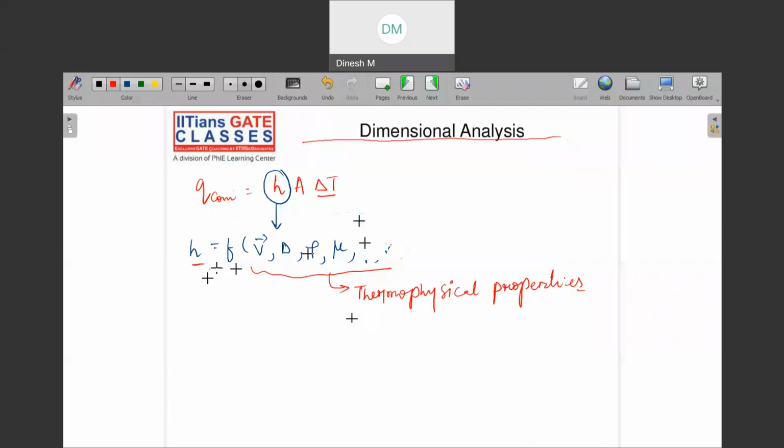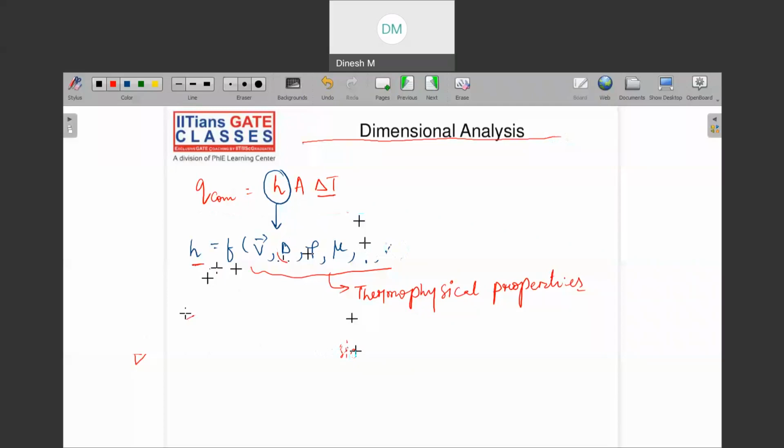Here I have introduced one word, d. And what is d here? D is the characteristic dimension of the body. So what is this characteristic dimension of the body?